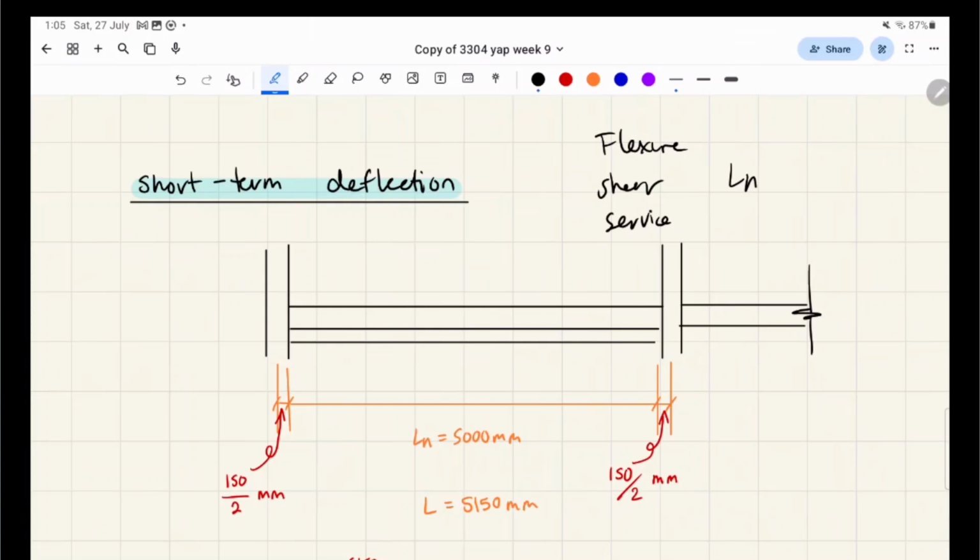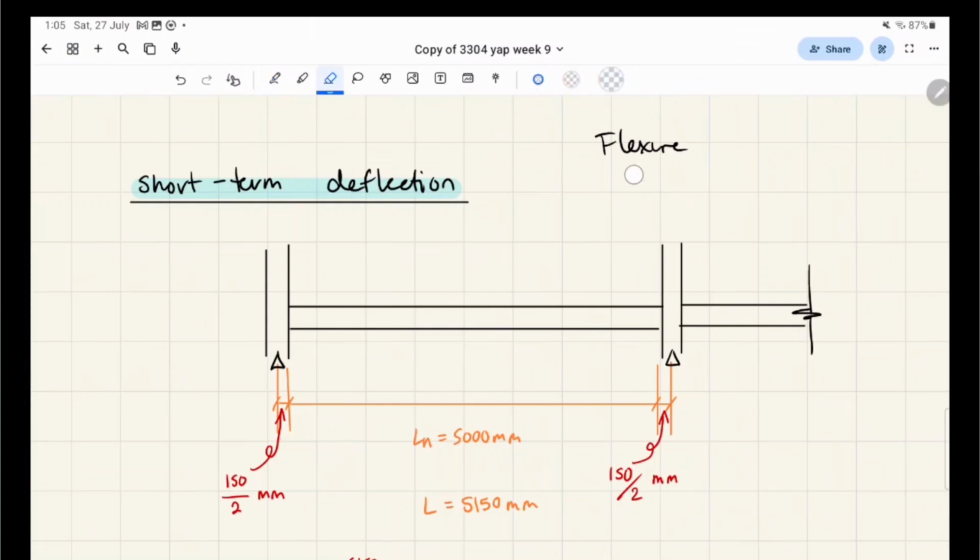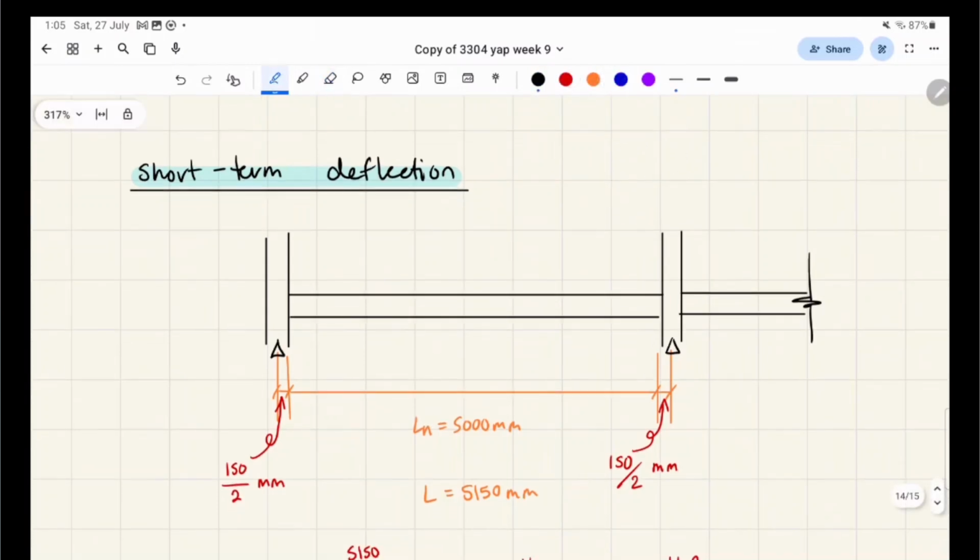But now we actually care about L, which is the real length between the supports. We take the supports as the middle of the column. So we had to calculate that for the deflection values. The columns were 150 mil each, so we take it in the middle, and this is the value for L.